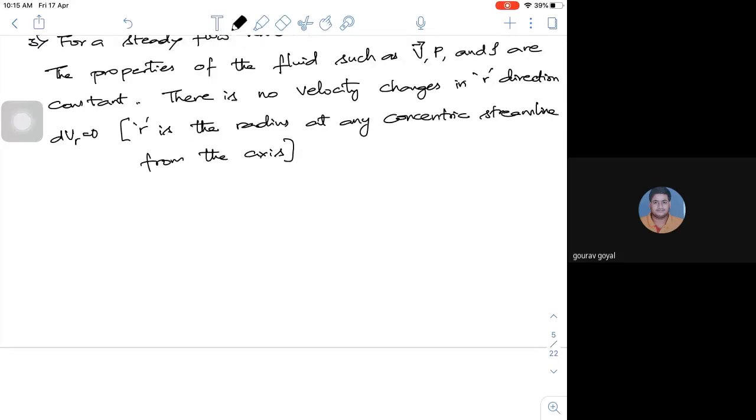If I take a small differential element, something like this, at a distance of r, making an angle of theta, I'm going to take a small element. Let it be an angle of theta.